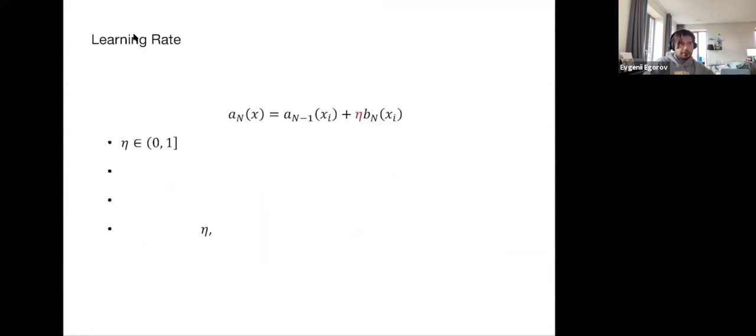Okay, so finally, what we need to discuss is hyperparameters. Maybe the important hyperparameter is the learning rate, or we could call it the step size. The usual heuristic is to take the step size as a number between 0 and 1.